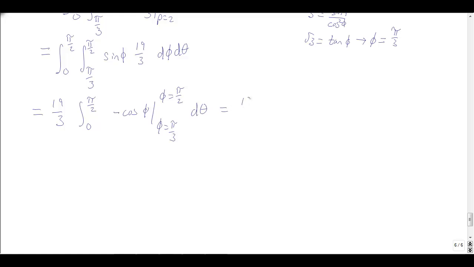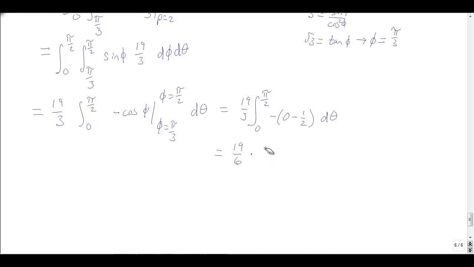Cosine of pi over 2 is 0, so I get negative 0 minus cosine pi over 3, which is a half. So this is a positive 1/2, and I get 19/6 times the integral of just 1 d theta.